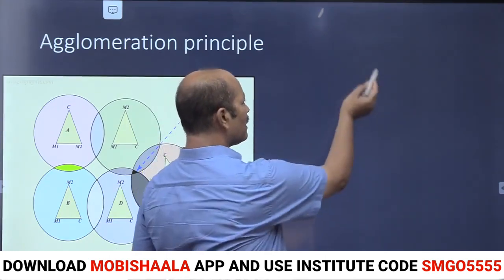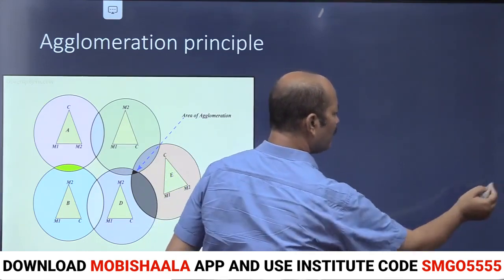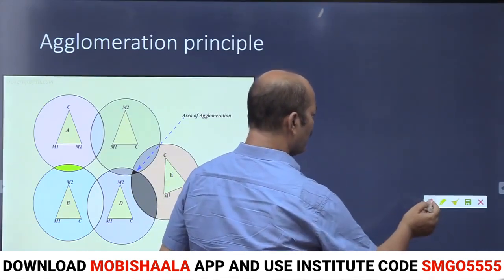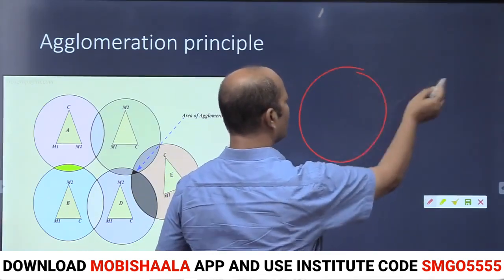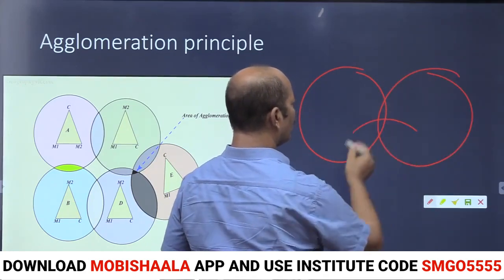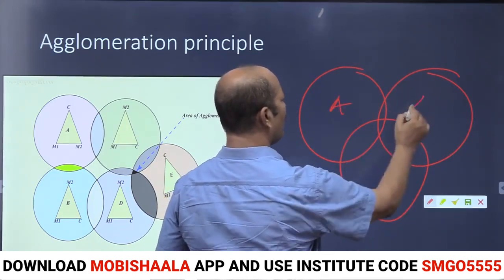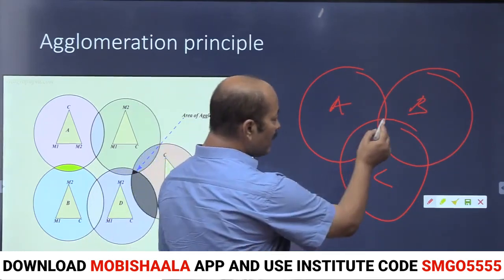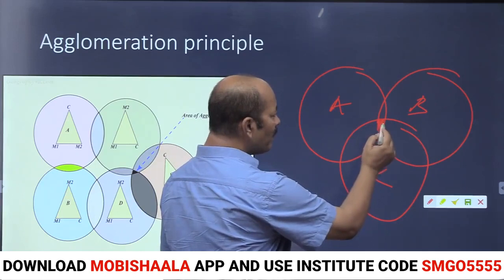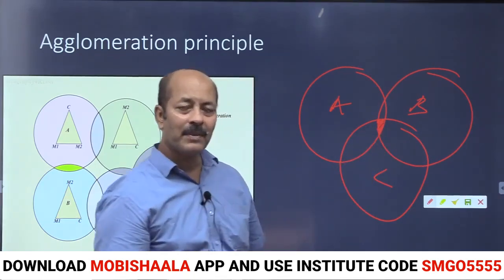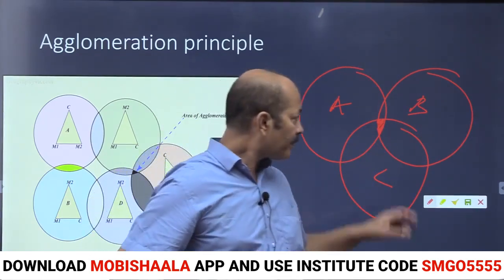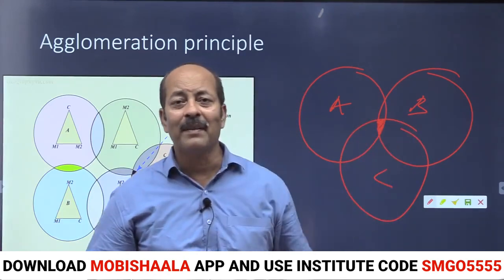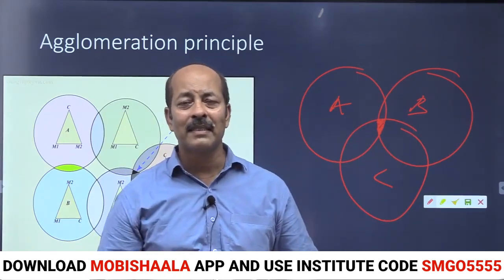Suppose you have these three areas, one circle area, second circle area, and the third one. Suppose A, B, and C are the industrial areas. So this area will be the most favorable location for industry, because this area will have better infrastructure facilities.